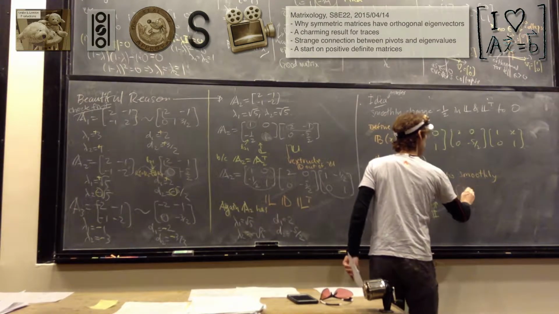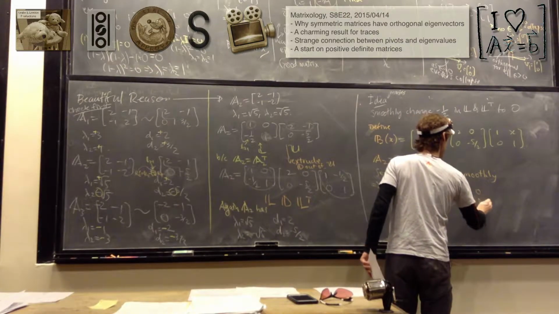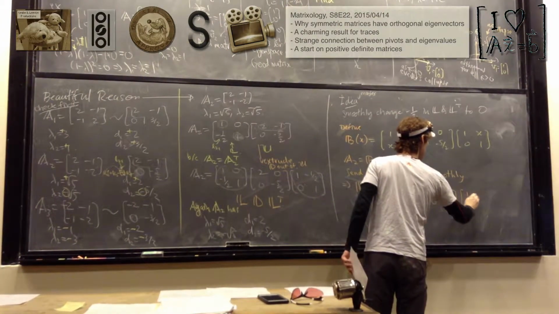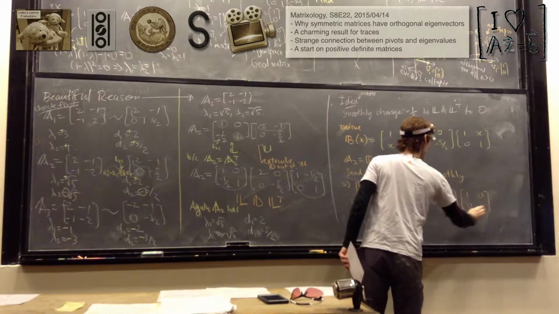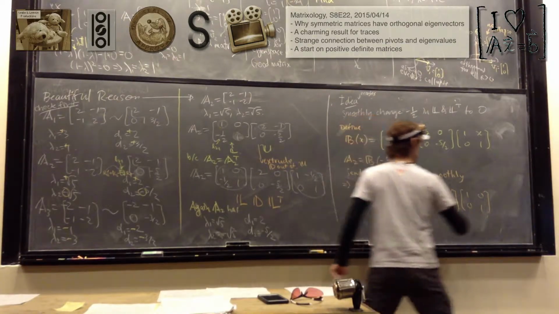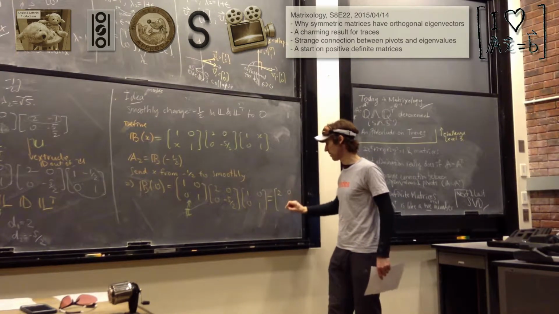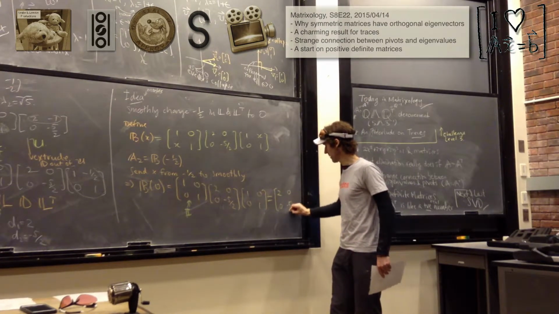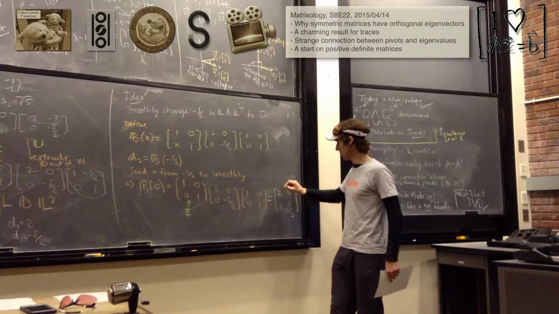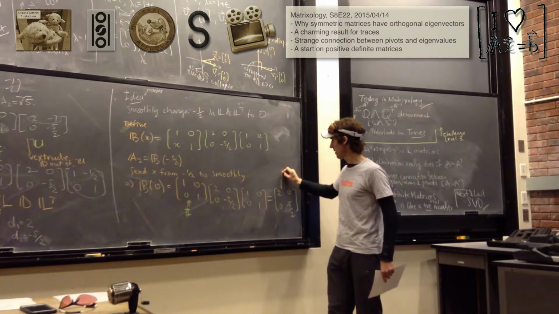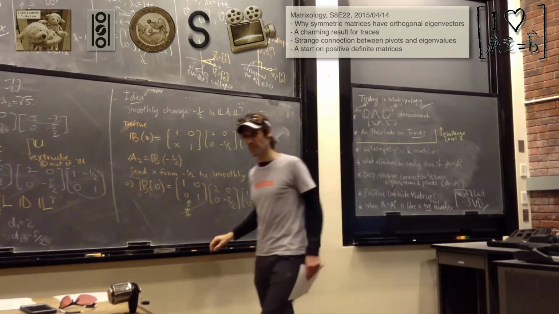And then we have 2, 0, 0 minus 5 halves, and then again the identity matrix. So the identity matrices can disappear. This will just be absorbed, and we have 2, 0, 0 minus 5 halves. So it's a diagonal matrix. It's really the original pivot matrix, just the pivot matrix.